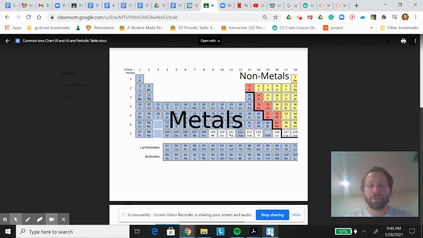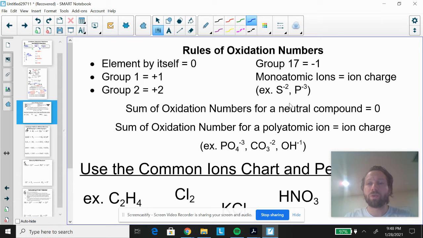Okay? Beyond that, we don't have a whole lot of rules unless you have a monoatomic ion where you are given a charge, or you have a particular element that you don't know the charge for, they don't tell you, but is on the common ions chart. In this case, like sulfur or phosphorus.